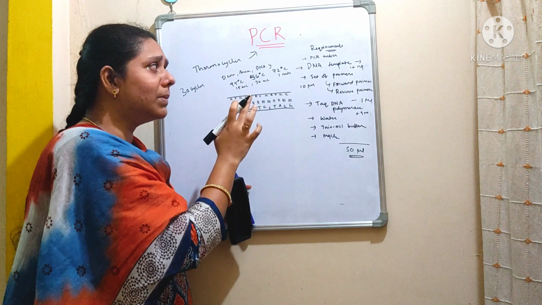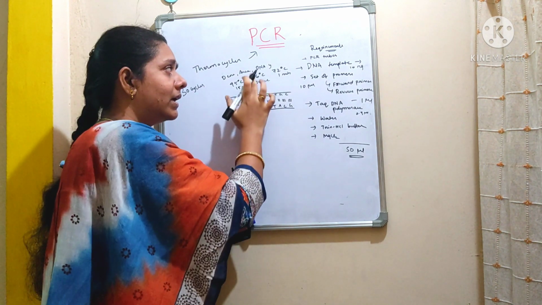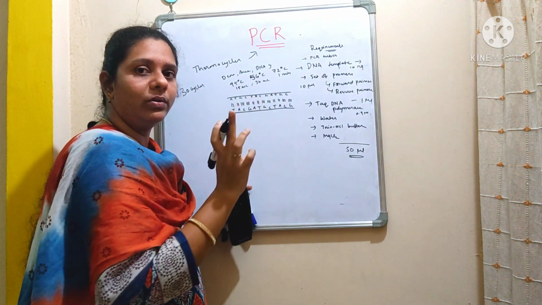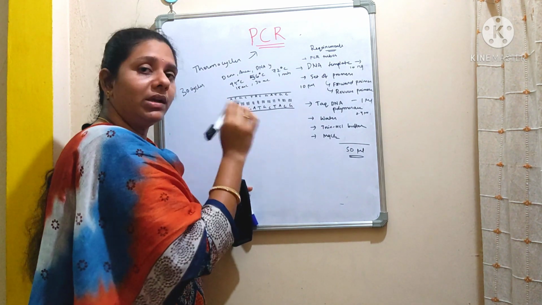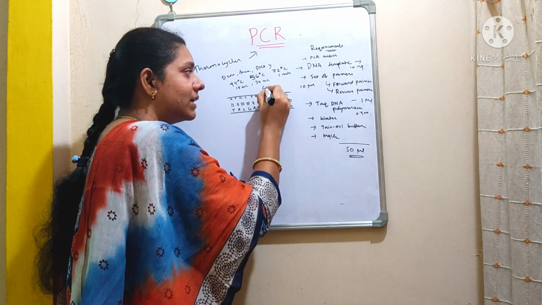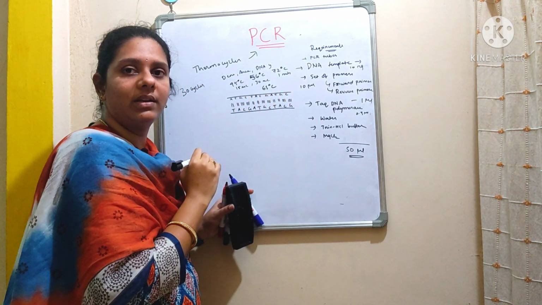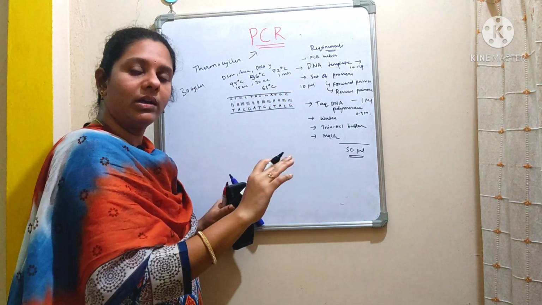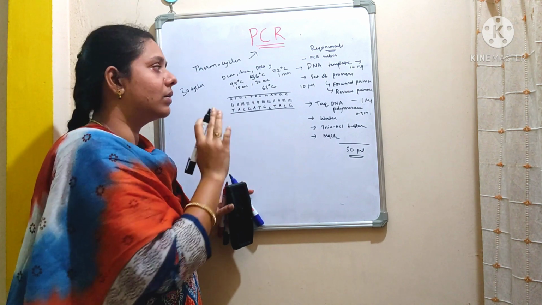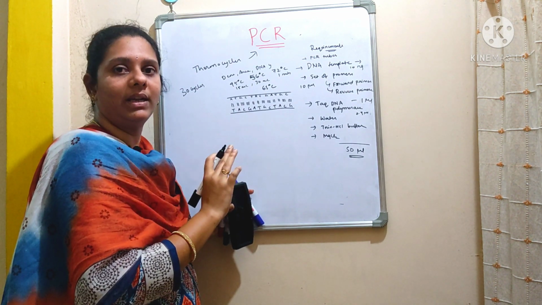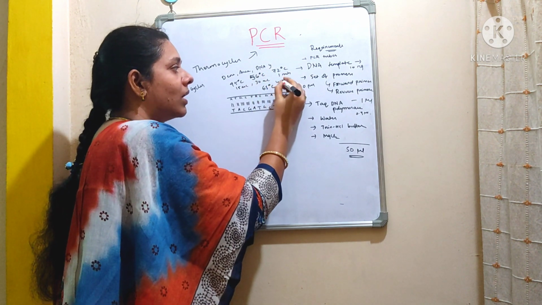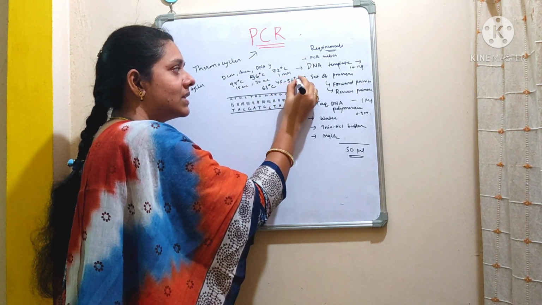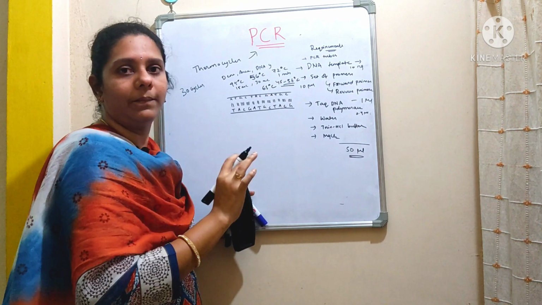Remember, when you set a temperature for annealing, I told you to check the melting temperature of the primer, and make sure that you shouldn't exceed 65 degrees centigrade, which is not at all suitable for a primer to go and bind with the template DNA, right? It should be in between 45 to 56 degrees centigrade only.